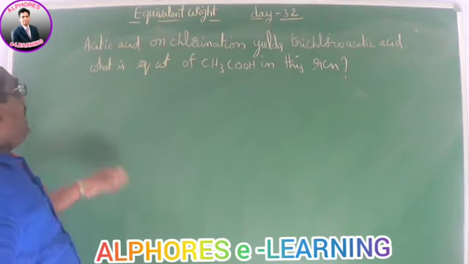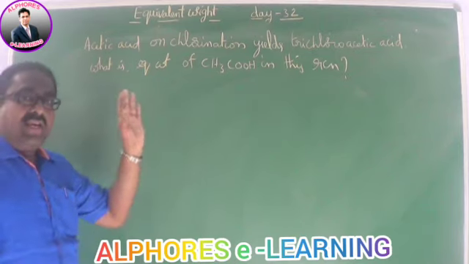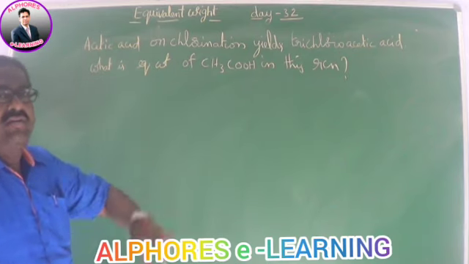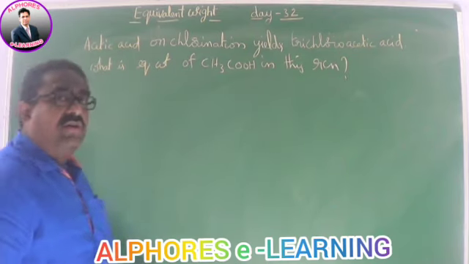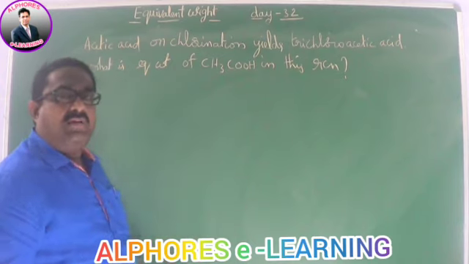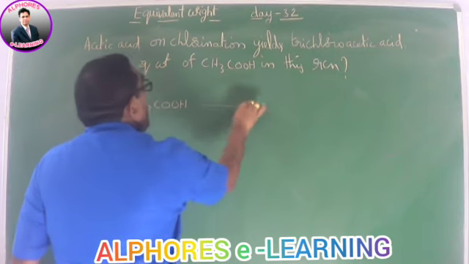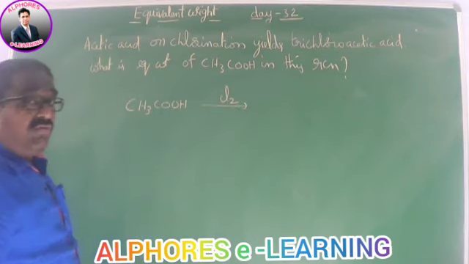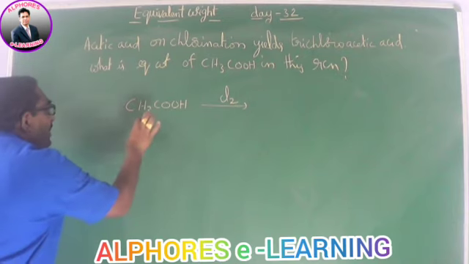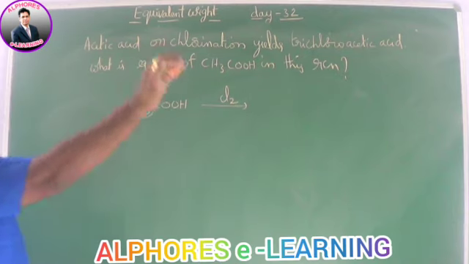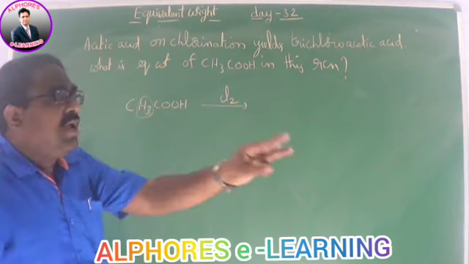Okay. Here, acetic acid is undergoing chlorination. Of course, you don't know the reaction. I will give you the reaction. Please see. Acetic acid on chlorination gives trichloroacetic acid, where the 3 hydrogens are replaced by 3 chlorine atoms.